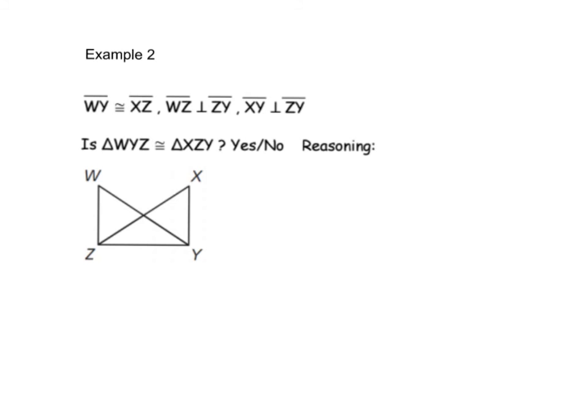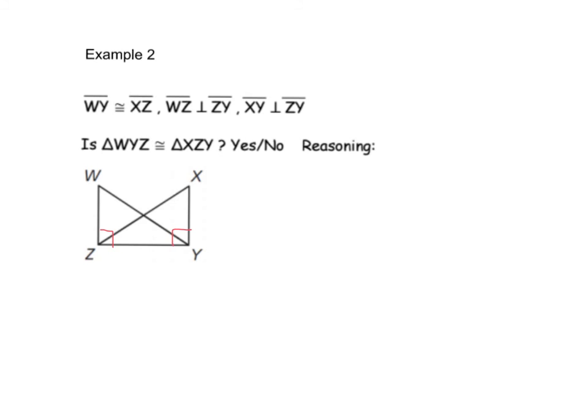So okay, so just remember that this whole line is congruent to this whole one. Okay, then they say WZ is perpendicular to CY. So there's a 90 degree. And then XY is perpendicular to CY. So there's another 90 degree. Okay.